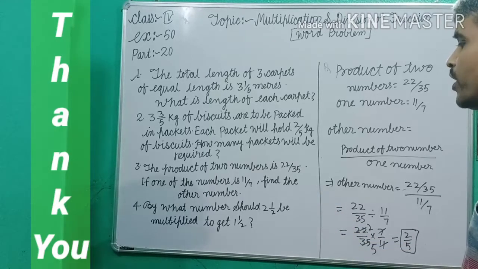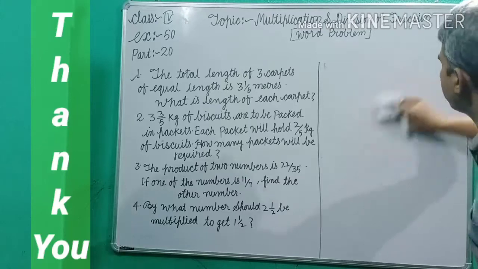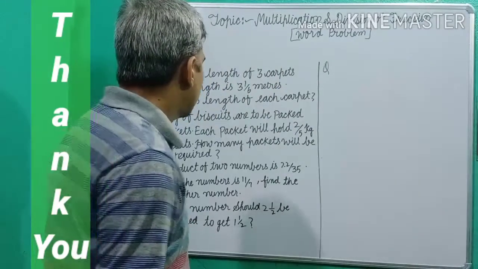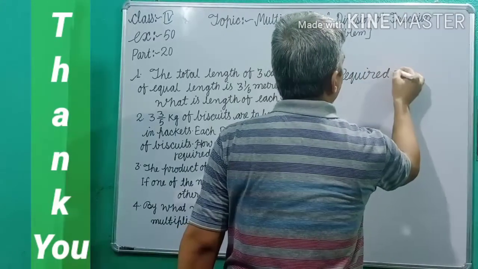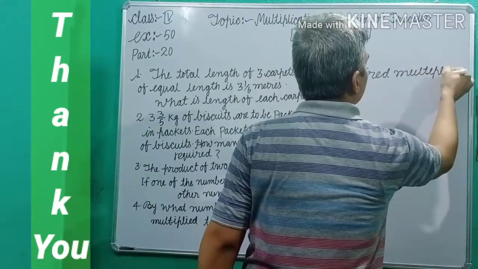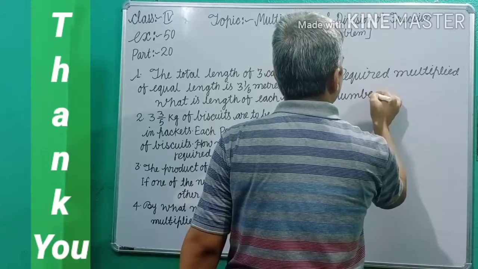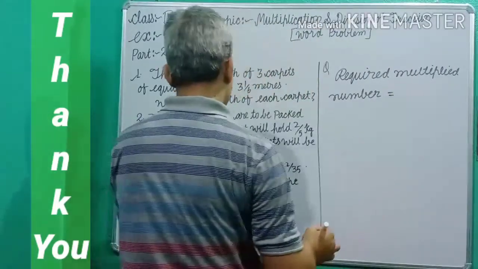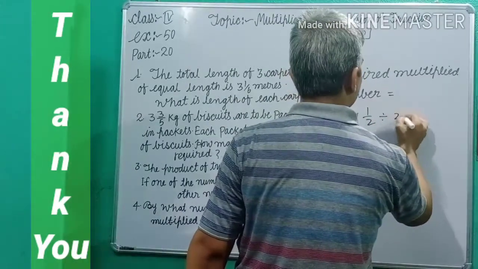Here, similarly, when you divide them, then you find the multiplied number. I hope that you understand such type of problems, dear students. Now, last question of the related topics. Required multiplied number is equal to 1 and 1/2 divided by 2 and 1/2.